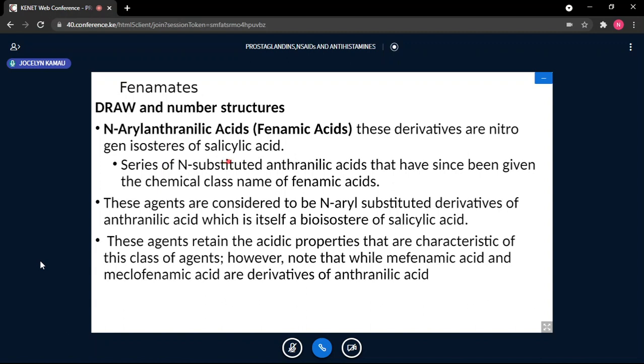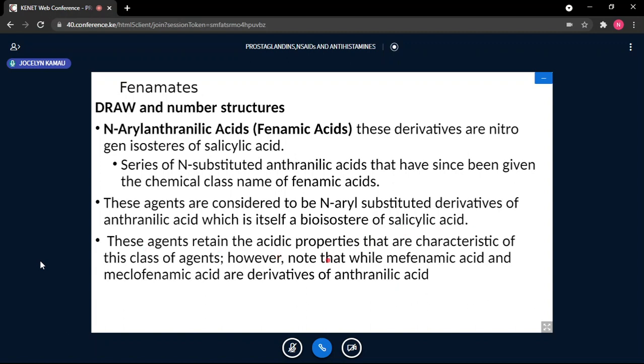The hydroxyl replaced with an amino group, and there is a series of N-substituted anthranilic acids that have since been given the chemical name fenamic acid. Of course, the anthranilic acid on its own will not have activity. It requires a second phenyl group, which is also substituted. These agents are considered to be N-aryl substituted derivatives of anthranilic acid, which itself is a bioisostere of salicylic acid.